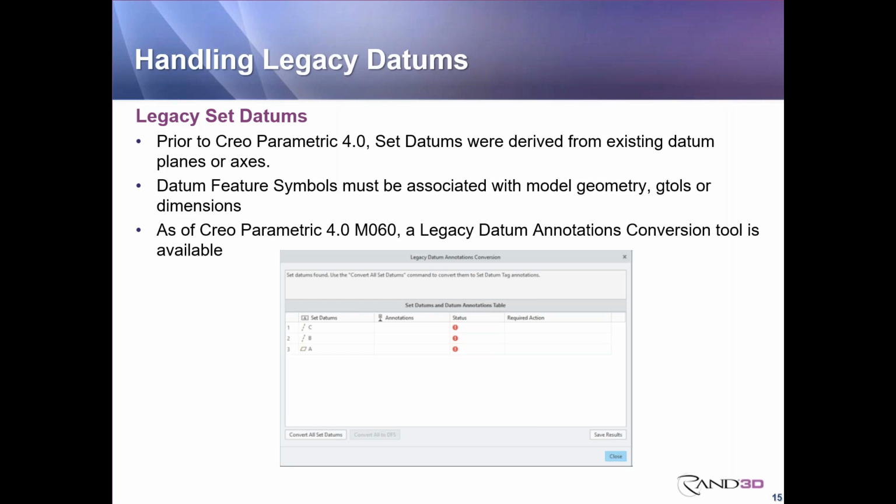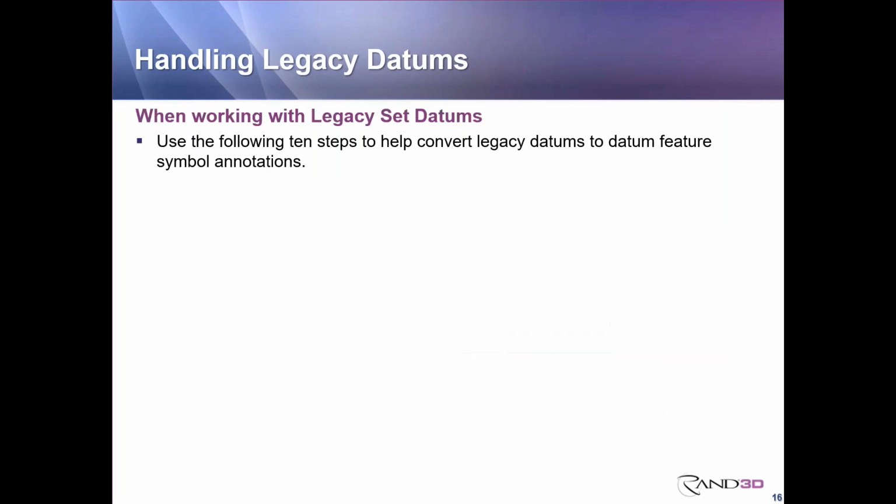With the datum feature symbol, you can generate this and associate it with model geometry, geometric tolerances, and dimensions. The image that you see here is actually an image launched after a model created before Creo Parametric 4.0 was brought in and had some set datums that were attempted to be converted with the Legacy Datum Annotations Conversion tool. I'll show you where that is in a moment.